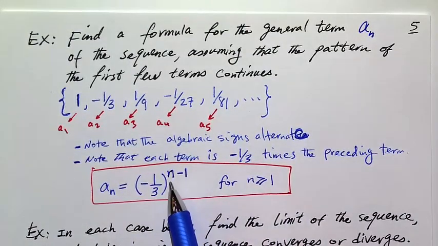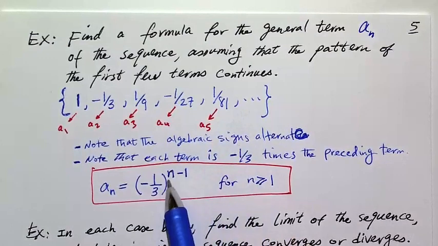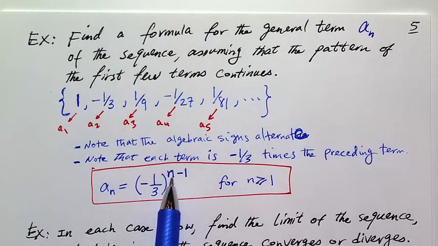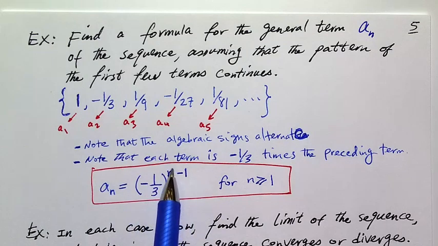I've already tested this, but if I had a new sequence, I would go through different values of n to make sure all these terms result. If n equals 1, we get minus 1/3 to the 0 power, which is 1. If n equals 2, 2 minus 1 is just 1, and minus 1/3 to the power 1 is minus 1/3.